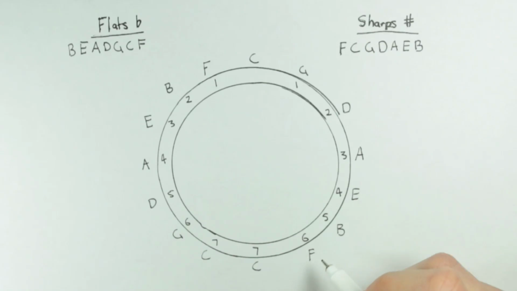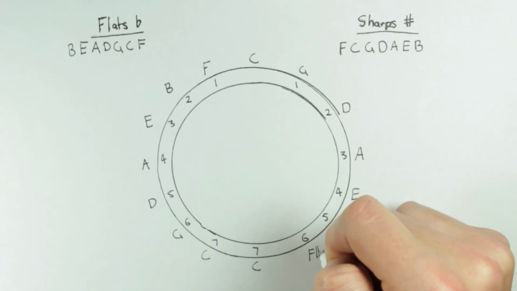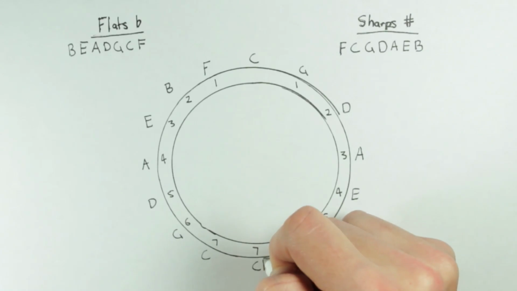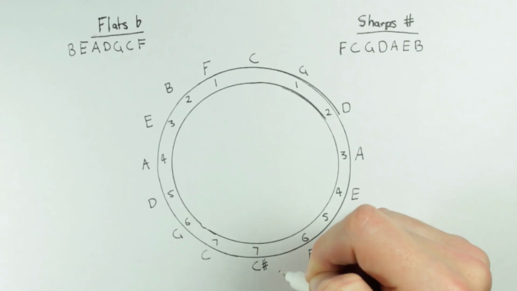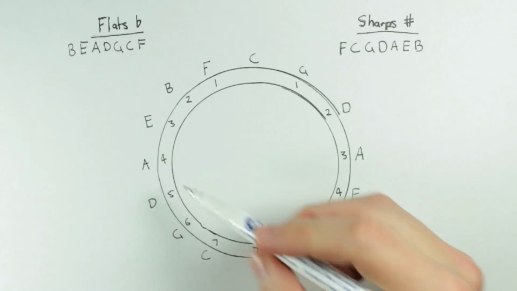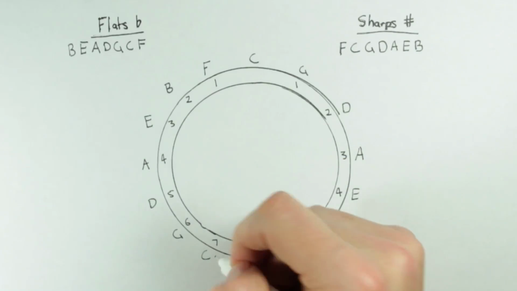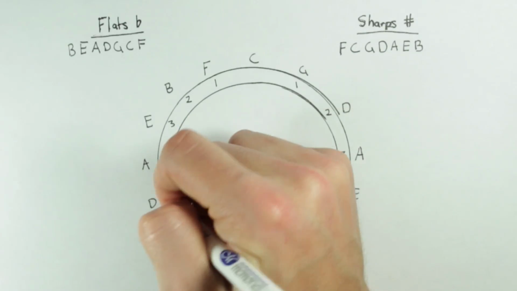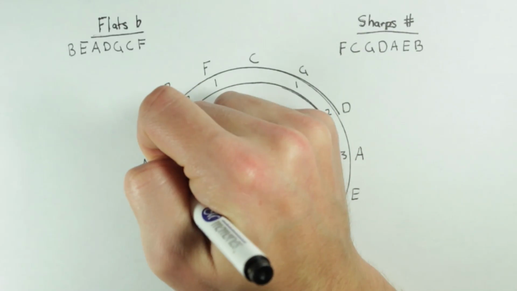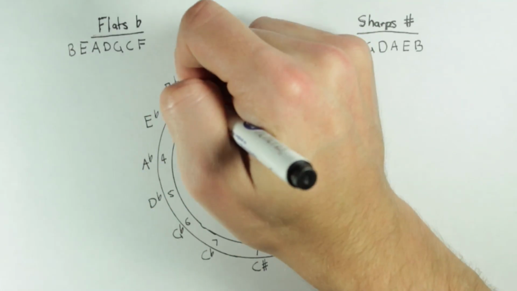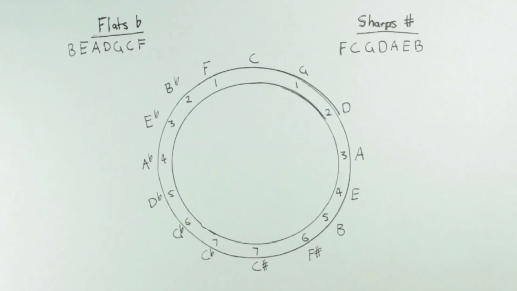Okay, so another key thing to remember is this F down here is a sharp, and so is the C sharp major. And then going back this way, these are flats. C flat, G flat, D flat, A flat, E flat, B flat, and F is not a flat.